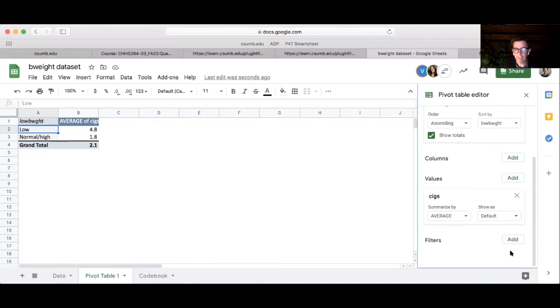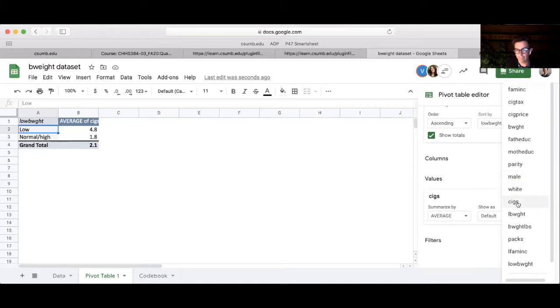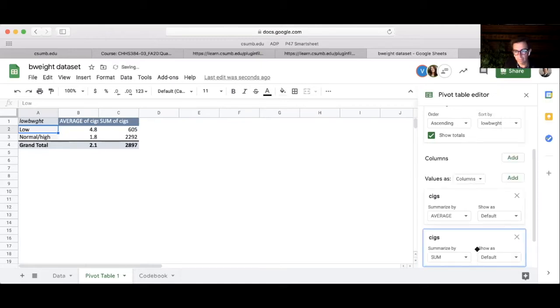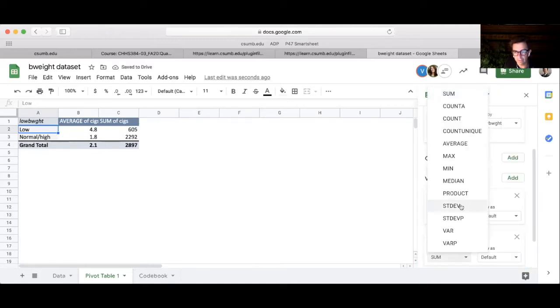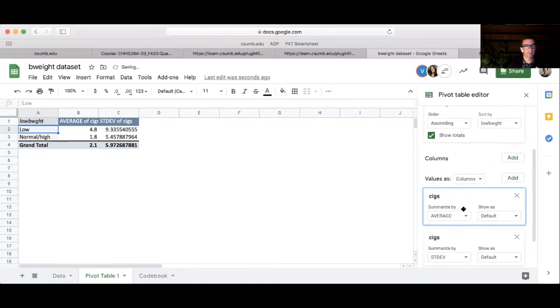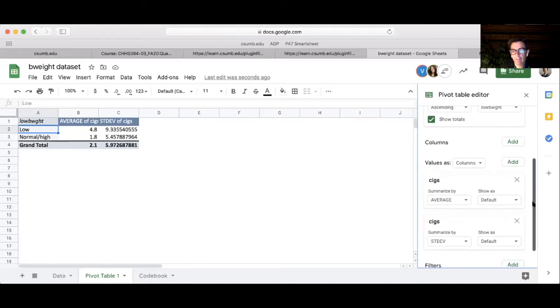And we're also going to ask for the standard deviation of this variable, cigarettes. In this case, they're pretty different in the sample.